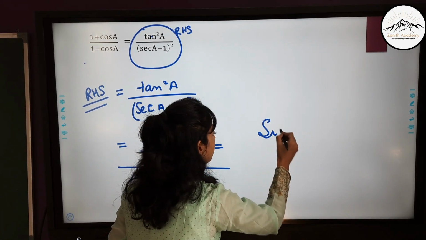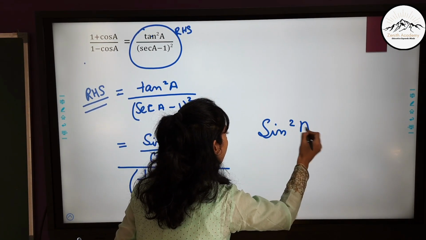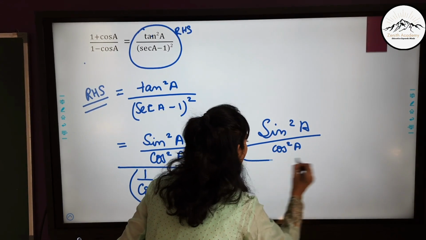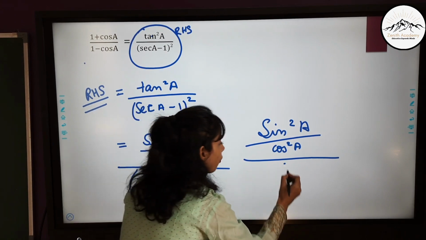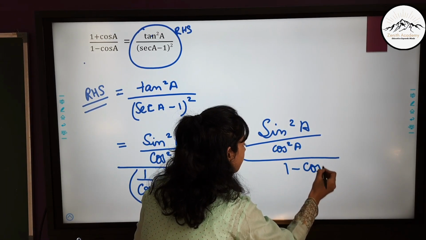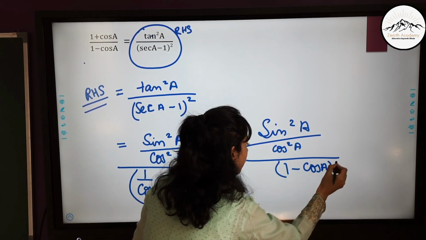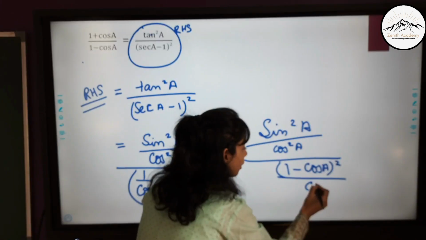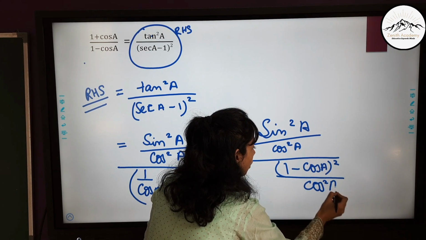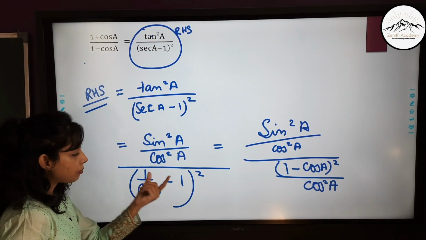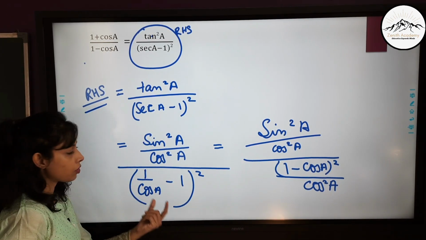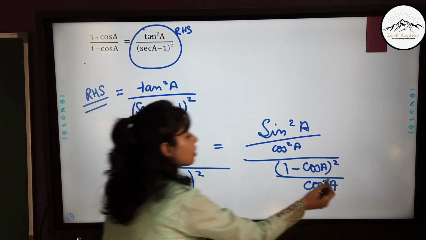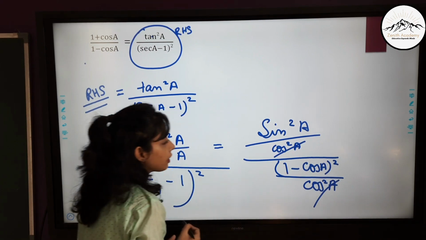Sin square A upon cos square A upon (1 minus cos A) whole square upon cos square A. See, (1 minus cos A upon cos A) whole square it was, so I can write (1 minus cos A) whole square upon cos square A. So this and this will get cancelled.